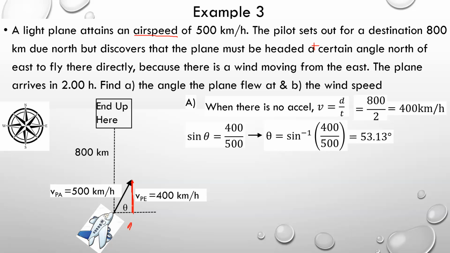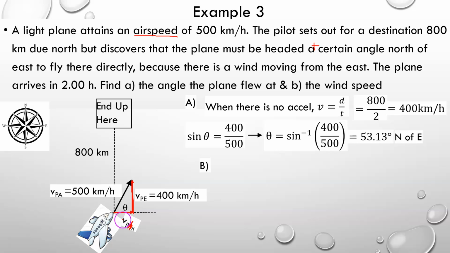Okay, now for part B, we want to find the wind speed. So remember, this plane is headed in a direction so that the x component of its velocity cancels out with the speed of the wind, which is going west. So this represents the x component of that velocity, which I'm just going to get rid of the subscript here.